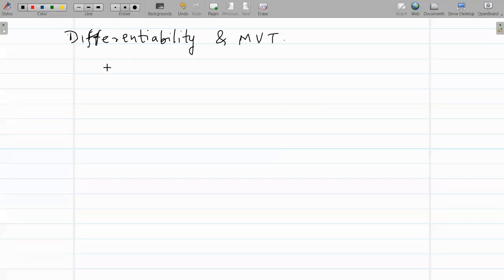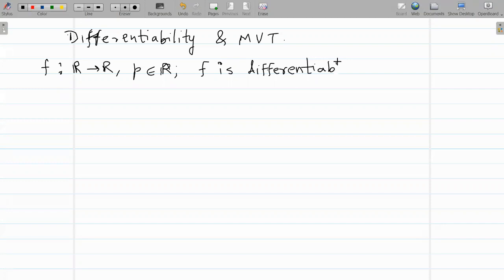Quick question: if I have f from R to R, and a point P in R, then f is differentiable at P if... I'm asking for the definition. f is said to be differentiable.